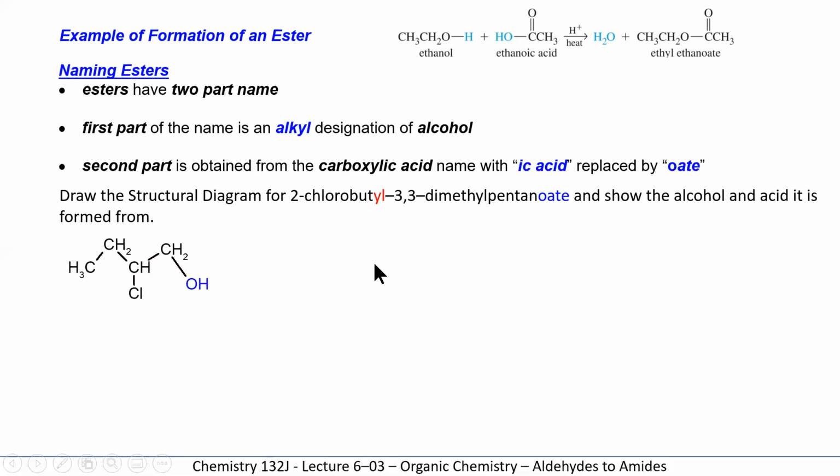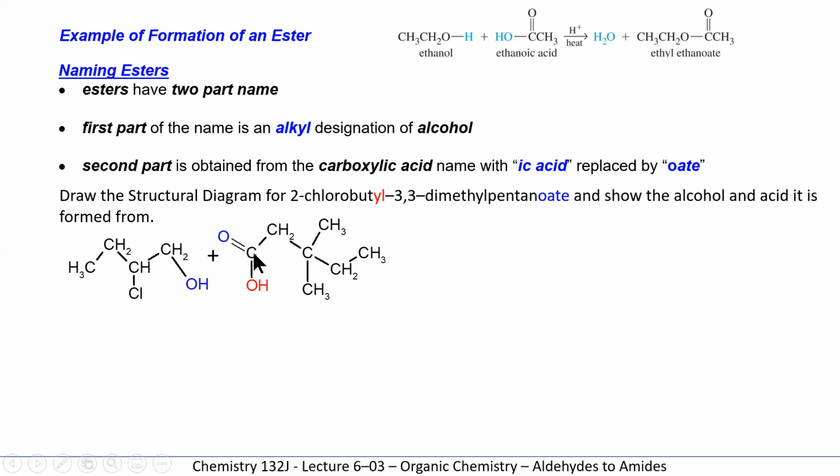And we are going to place, in this case, the OH on the end carbon, and then the carboxylic acid is at the end on the pentanoate, which is the 5-carbon. And we can see there's 2 side chains on the acid part of the molecule on the 3rd carbon.